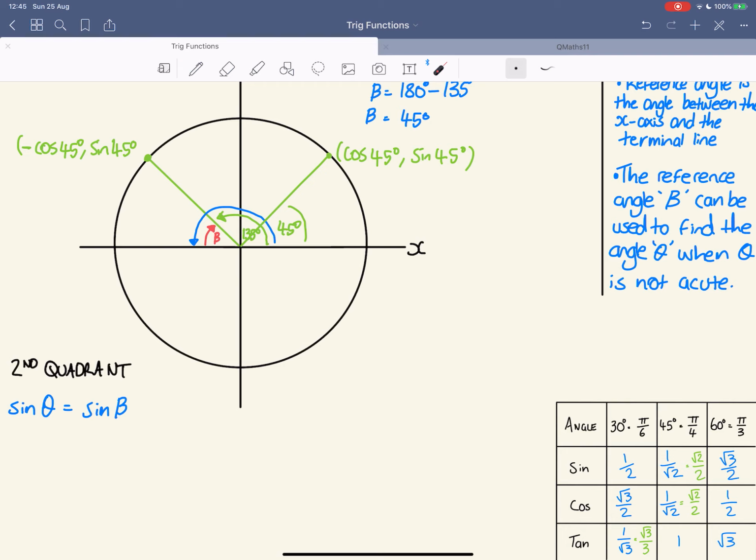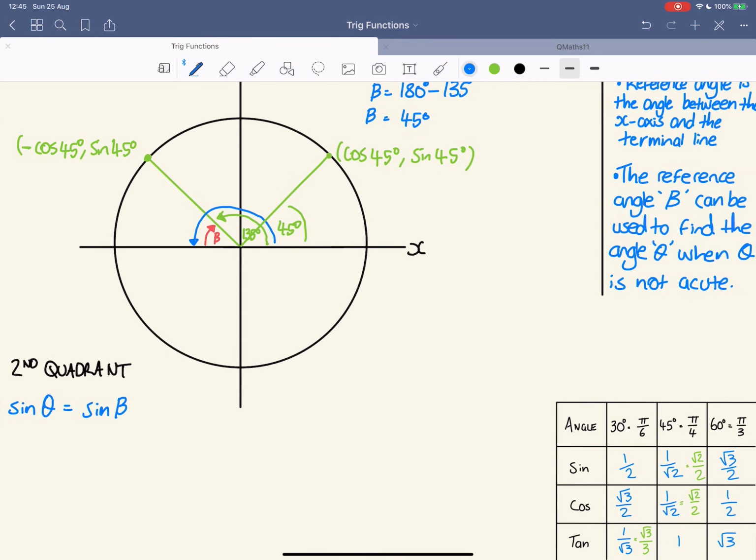So the sine of 135, how far you have to go up, is exactly the same as how far you have to go up to get your reference angle. We just moved that reference angle over here into the first quadrant, and you have to go up the same as the other angle we looked at. They're the same. So the sine of your angle, which we had as 135, is the same as the sine of 45. That was our example.